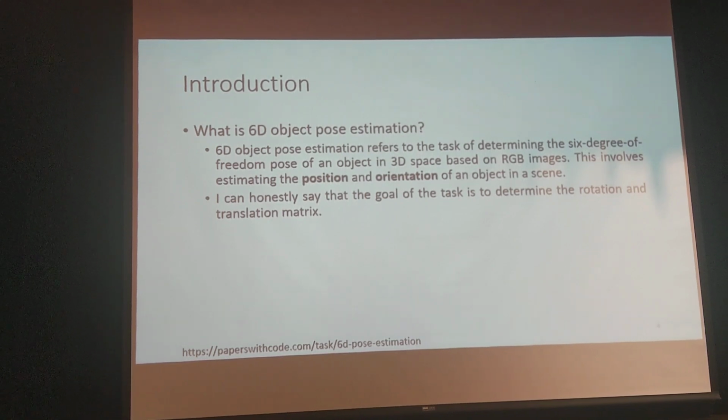This involves estimating the position and orientation of an object in a scene. Simply put, the goal of the task is to determine the rotation and translation matrix. I will explain what 6 degrees of freedom are and how to determine the rotation and translation matrix in the next several pages.